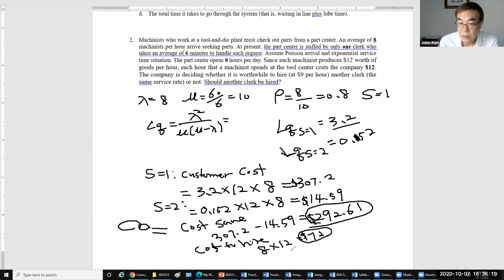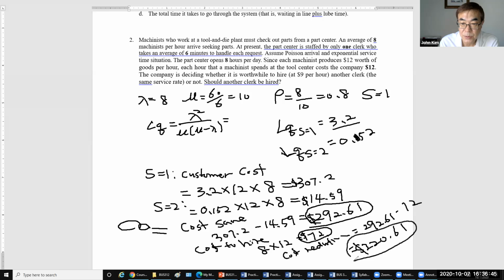So the cost reduction equals 292.61 minus 72, that is $220.61. So this is the result.